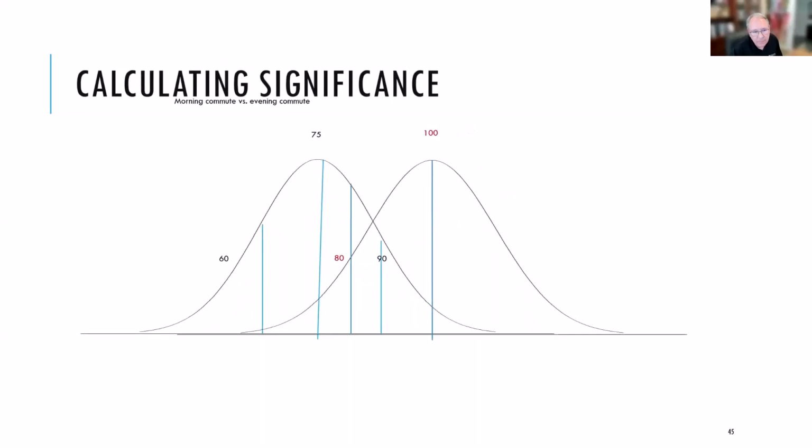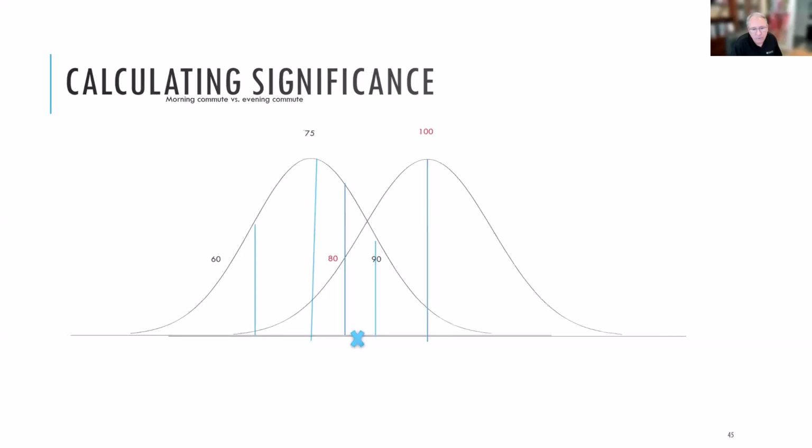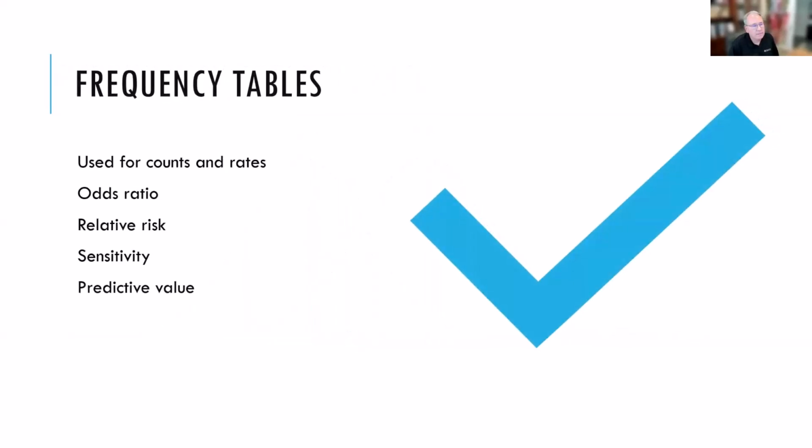But if I compare my morning commute to my evening commute, which is greater, there's a lot of overlap. You can see a lot of overlap in that mid-range. So if you have a point right here, which distribution does it belong to? You can't tell. Therefore, you would fail to reject the null hypothesis.